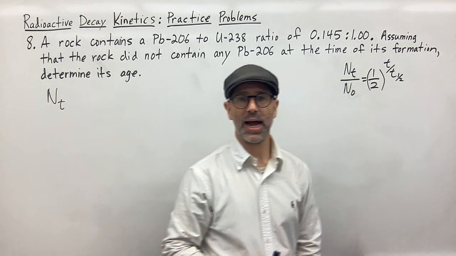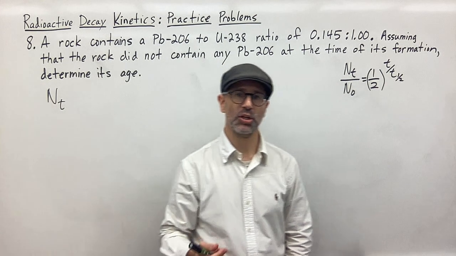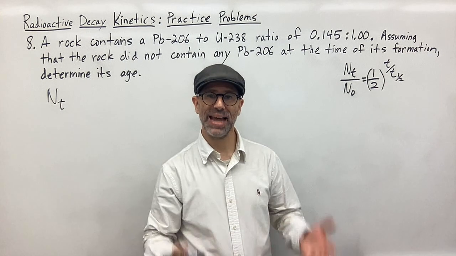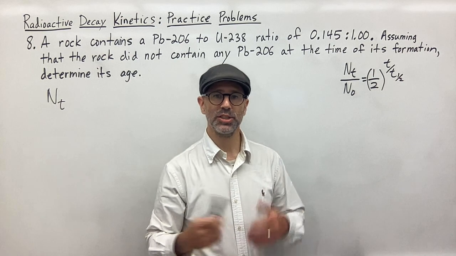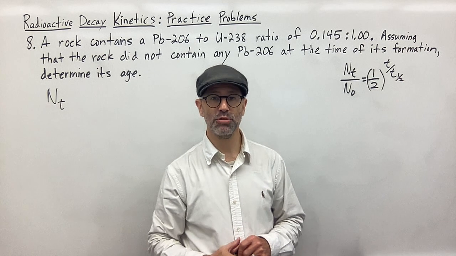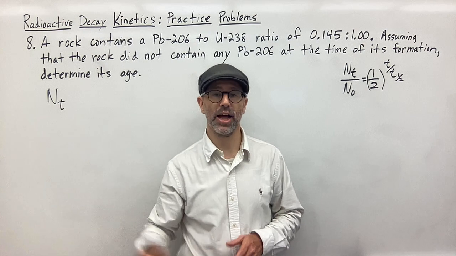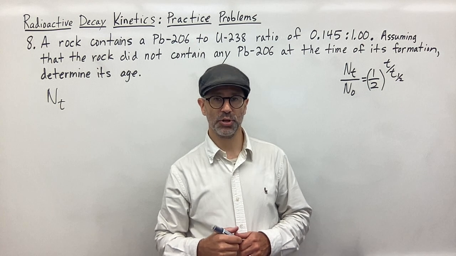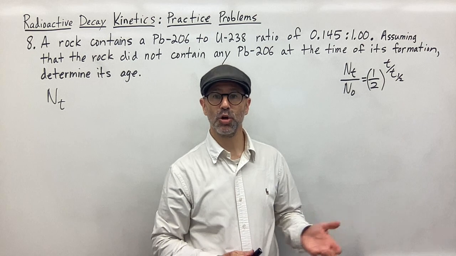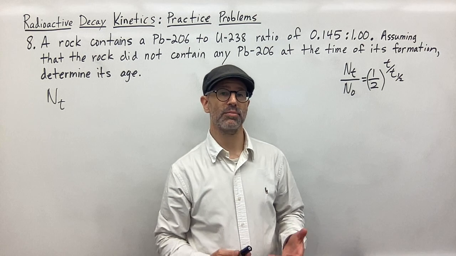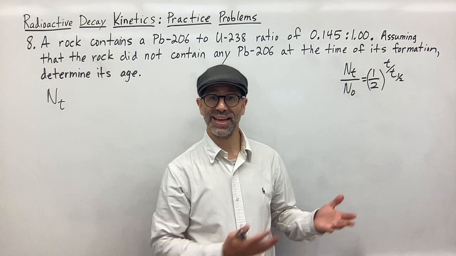Since that's the ratio, we can use those as the actual numbers, because the ratio is going to be the same no matter what numbers you use. So let's just say we have 1 gram of uranium 238 left in this rock, and we have 0.145 grams of lead 206.